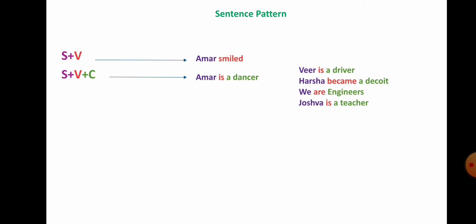We and the engineers refer to the same people. Joshua and teacher refer to the same person. So, driver, dacoit, engineers, teacher are the complements of the subjects Veer, Harsha, we, Joshua. These kinds of complements are called subjective complements.